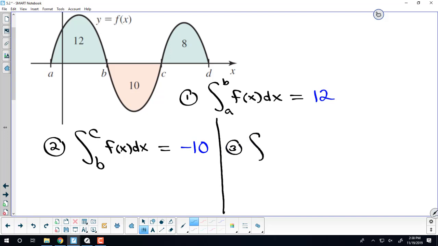Okay, and what's the integral from a to d? 10. So how are we getting 10 for that one? Add up the top, subtract it from the bottom. Right, add up the top, subtract the bottom. So we have 12 minus 10, that's below, plus another 8, that's above.